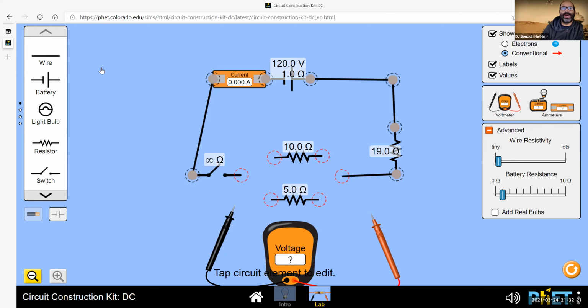Take another wire, and put another wire in here, and another wire in here. And this wire probably connects, doesn't matter, I don't need it, okay?